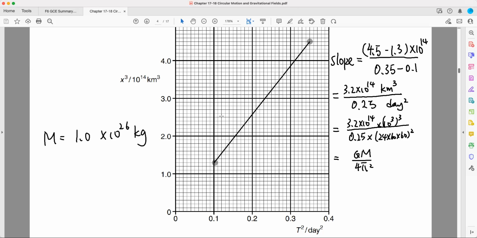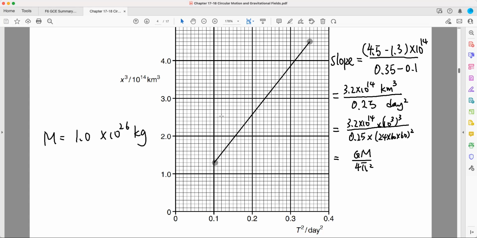So any question? Now you change kilometer to meter cubed. You change days. 6.8. Where is 6.8? Where? For the range. Whatever, I'll just get the final answer for you.